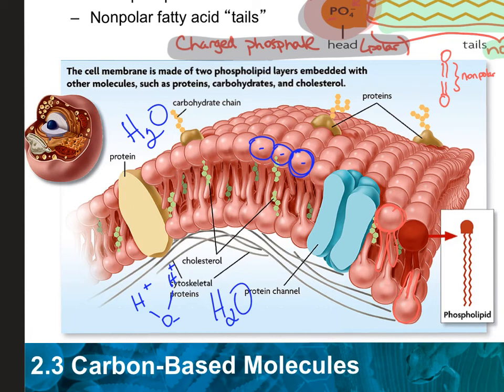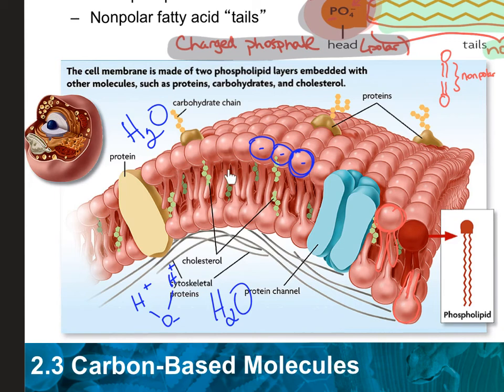So the polar heads arrange themselves so they're sticking out towards the water, or they're sticking in towards the water, and the tails are on the inside. And right here we have a bunch of tails facing each other. So it's interesting to see that the tails are together, but the heads are facing the water.